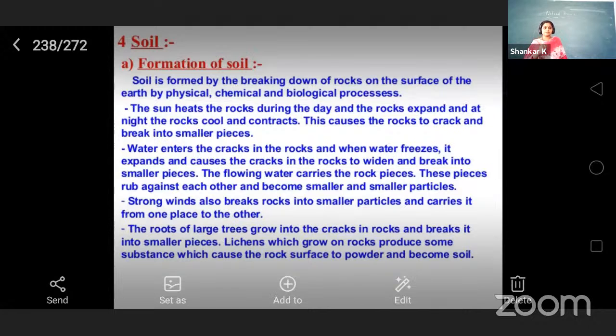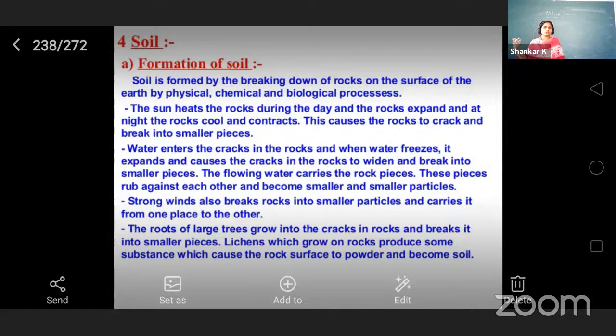We have discussed that when there is heavy rain, the rocks flow in water and rub each other and make small pieces. Because of the sun rays and the cold also, they crack and become small pieces. Waves also break them into smaller particles and carry them from one place to another.